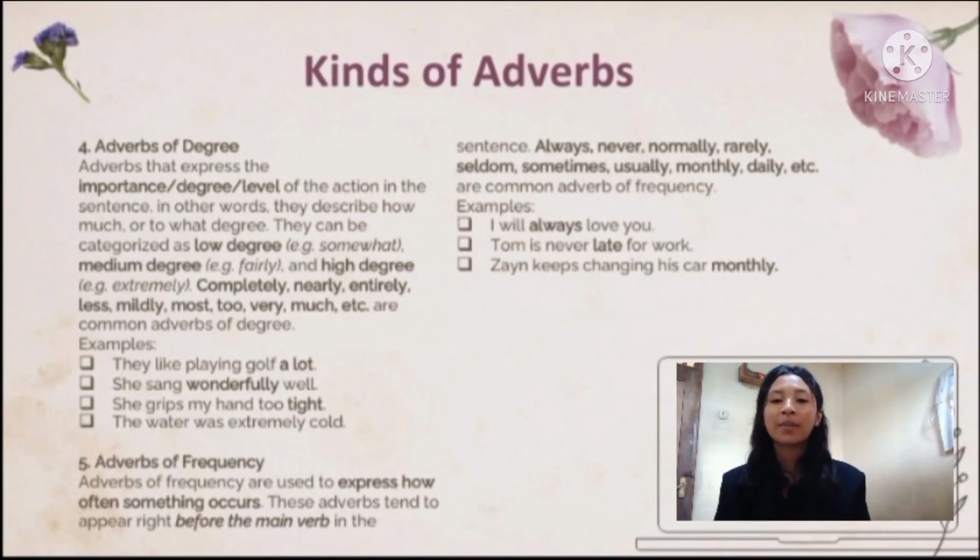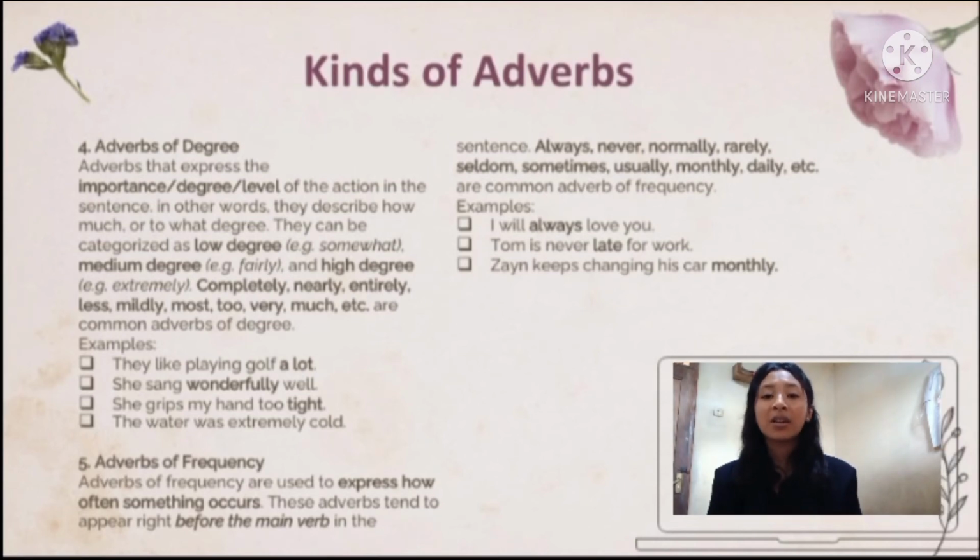The next kind of adverbs is adverbs of degree. Adverbs of degree are adverbs that express the importance, degree, or level of the action in the sentence. In other words, they describe how much or to what degree. They can be categorized as low degree, for example somewhat, medium degree, for example fairly, and high degree, for example extremely.